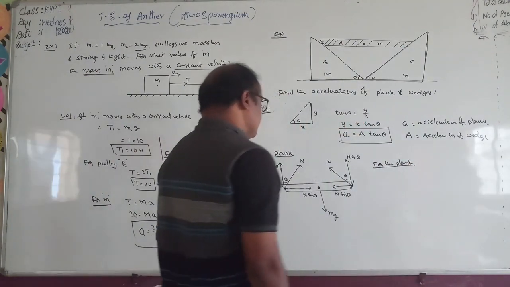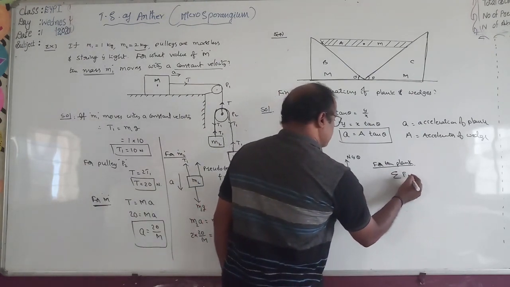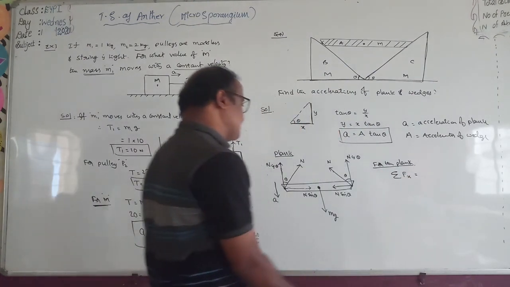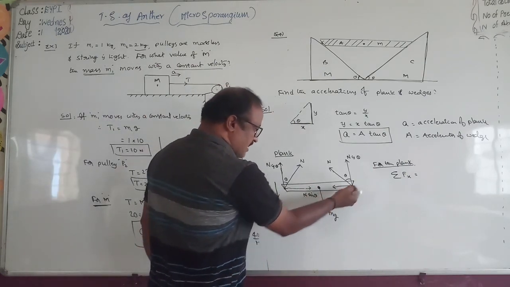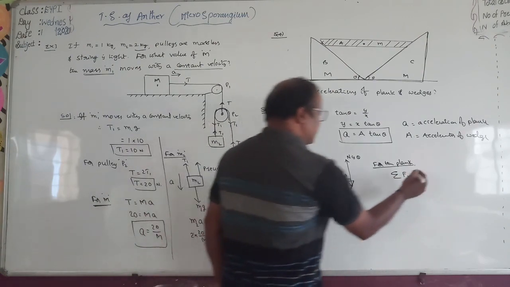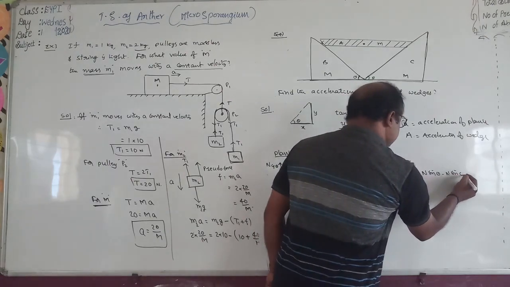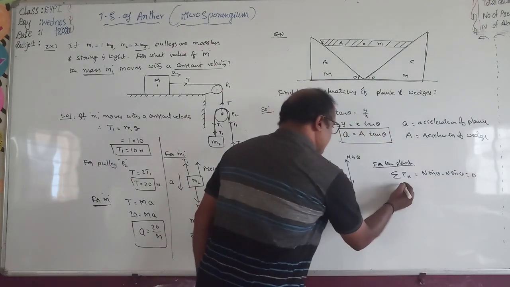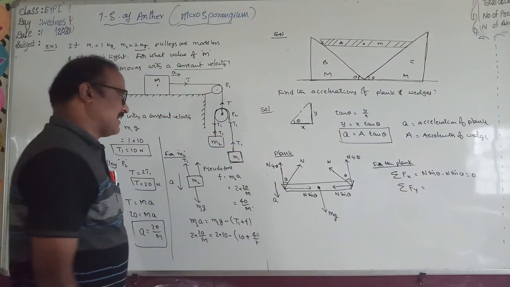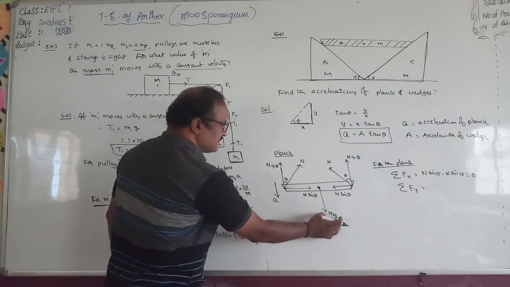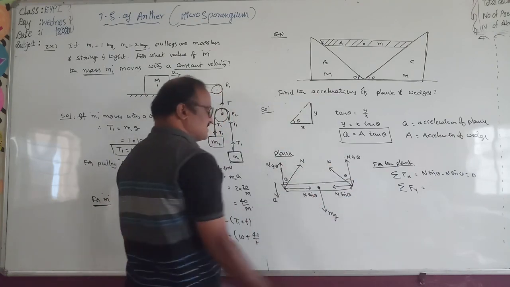alone, as the plank doesn't move horizontally, sigma Fx is zero. The force acting on the plank along the x-axis is N sin theta, and along the negative x-axis is also N sin theta. That means N sin theta minus N sin theta is equal to 0. Similarly, for the force along the y-axis, in the downward direction it is mg, and in the upward direction the components are N cos theta and N cos theta.